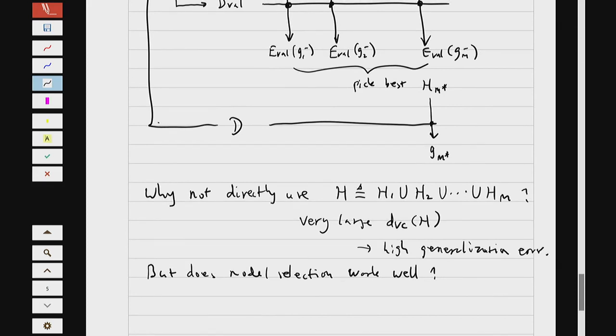This g_m star, or g_m star minus, is not independent of the validation anymore. Now it depends on the validation data points. So our analysis will be quite a bit more complicated, and we're going to do that next week, looking at the mathematical analysis of model selection using validation.